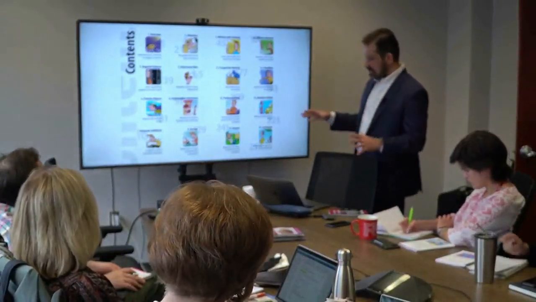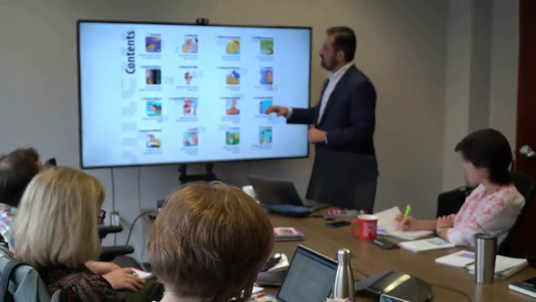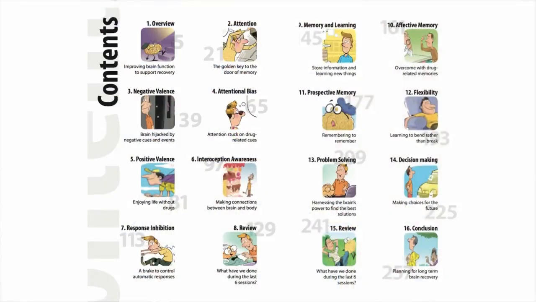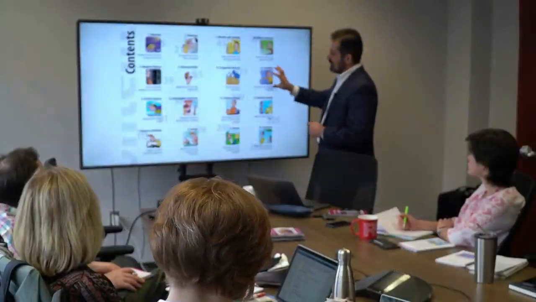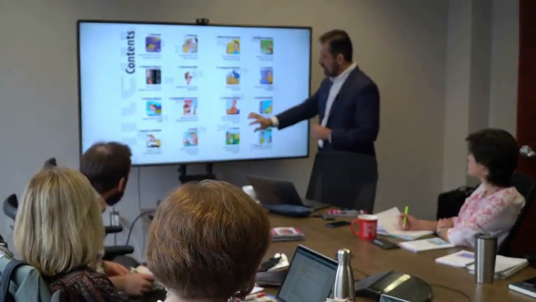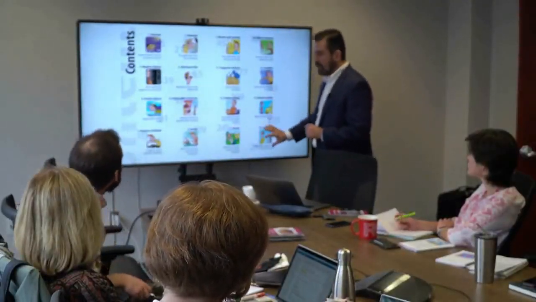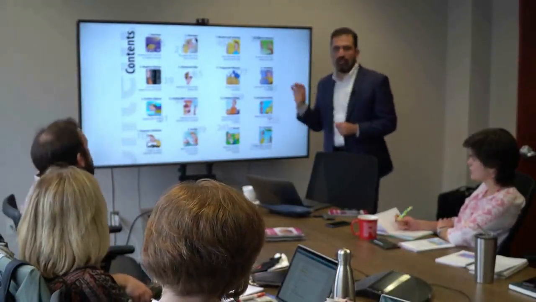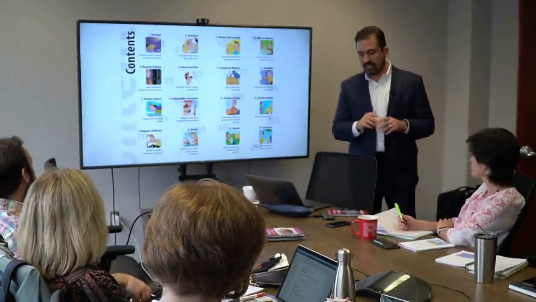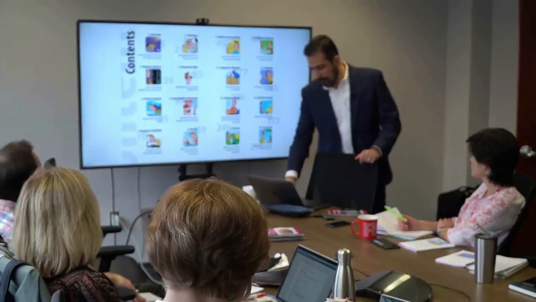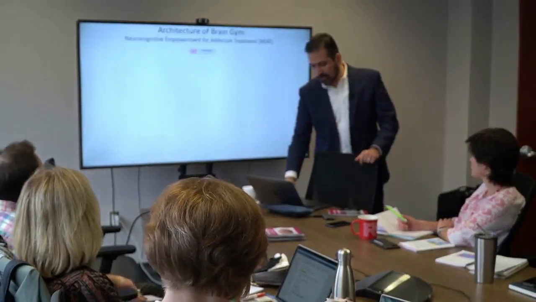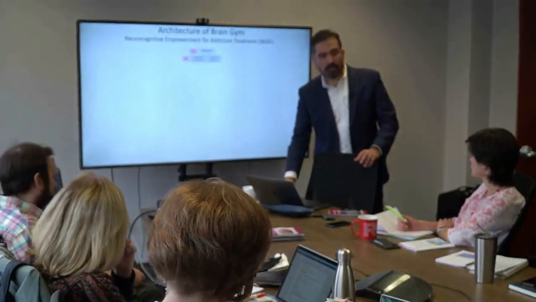But it has 16 sessions. You can see that we start from attention, negative valence, attentional bias, positive valence, interoception, response inhibition. We have a review session, and then memory learning, affective memory, prospective memory, flexibility, problem solving, decision making, another review, and then the conclusion. That is the structure of the 16 sessions for brain gym. The architecture is designed to be hierarchical.